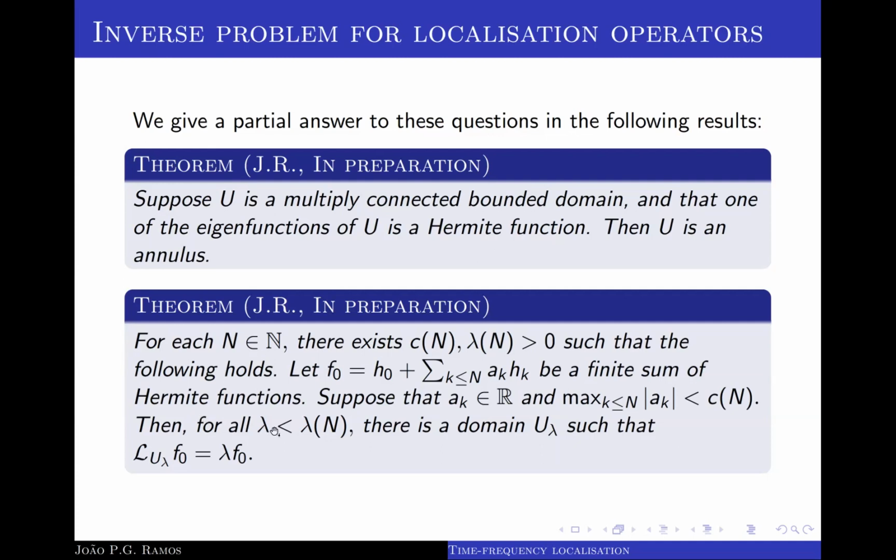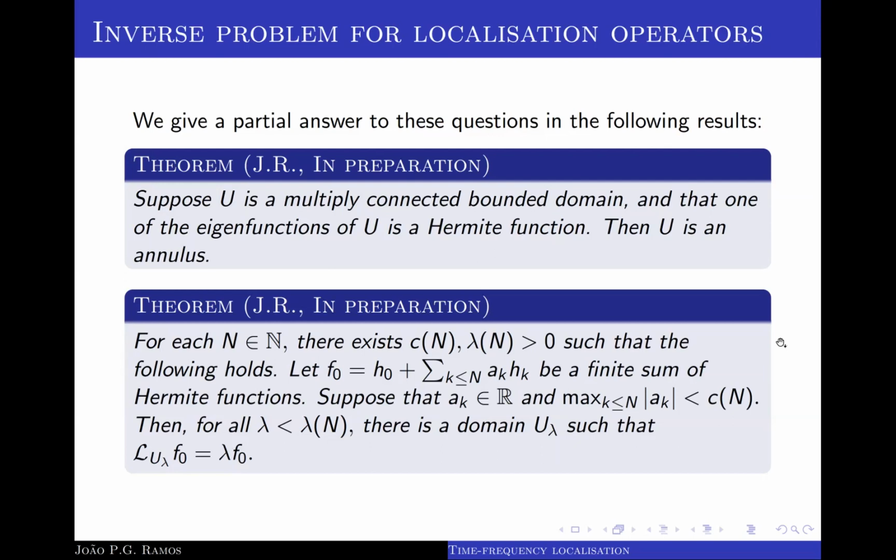Given that, we can find a certain parameter lambda that depends not on the coefficients, but on how big they are, such that for every value lambda below this threshold, there is a domain U of lambda such that this function f0 is an eigenfunction of the localization operator of that domain with eigenvalue exactly equal to lambda.